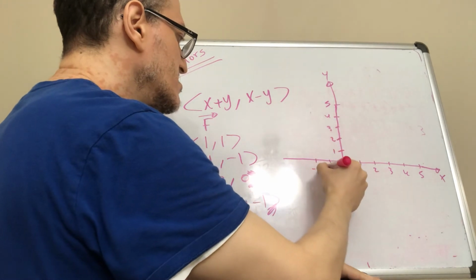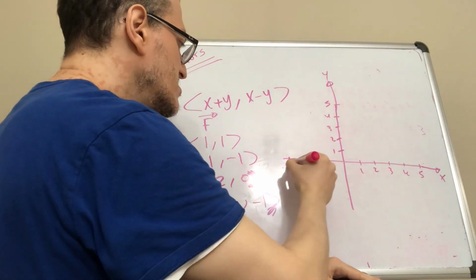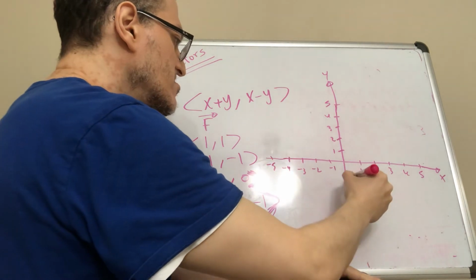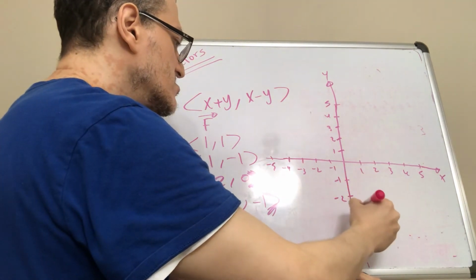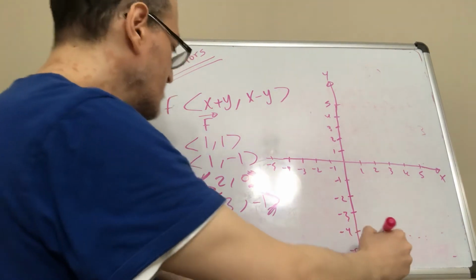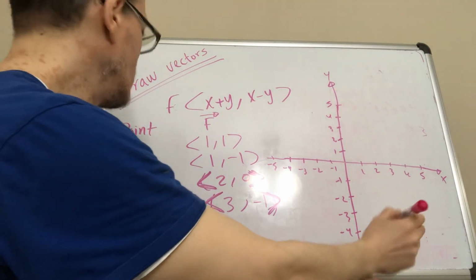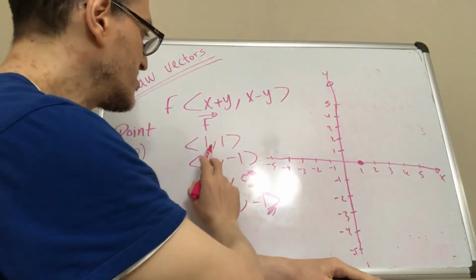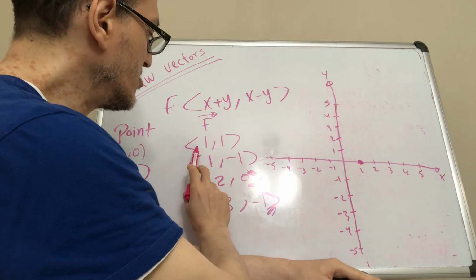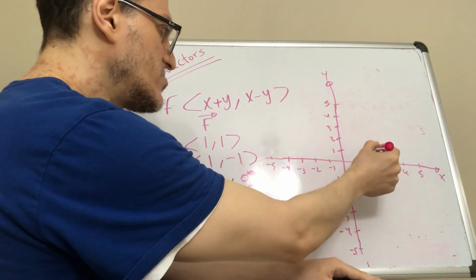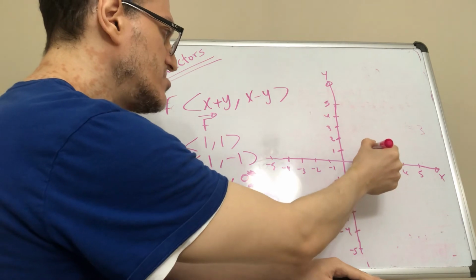Minus 1, minus 2, minus 3, minus 4, minus 5. Minus 1, minus 2, minus 3, minus 4, minus 5. Point 1, 0 is this point. According to the vector, you go right 1, up 1, and we go here, so that would be your first vector.